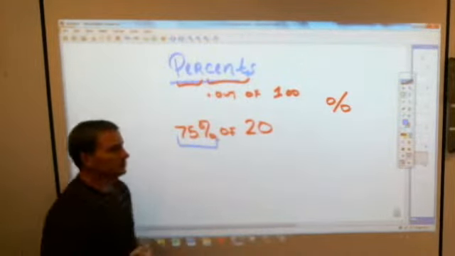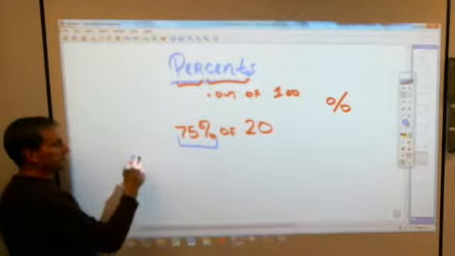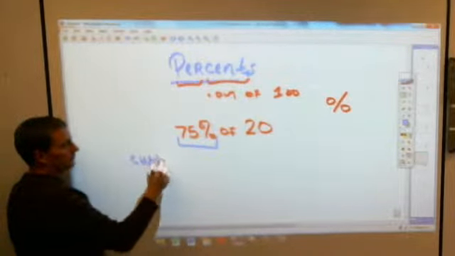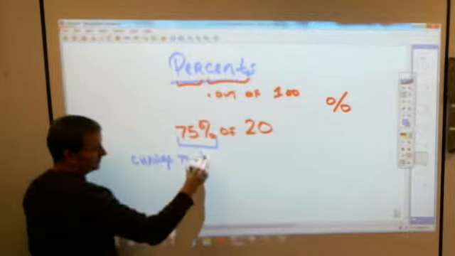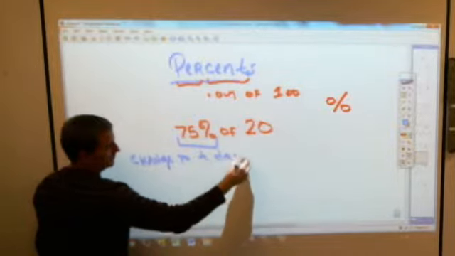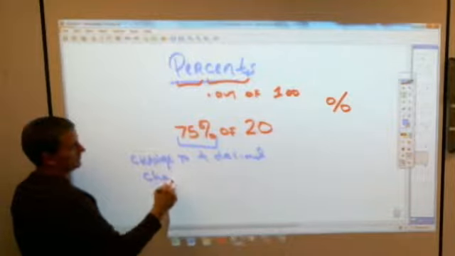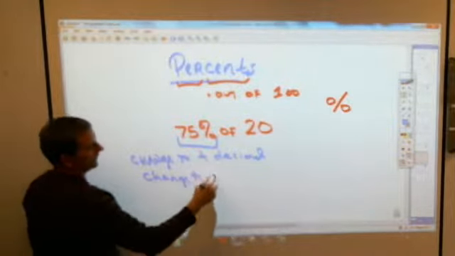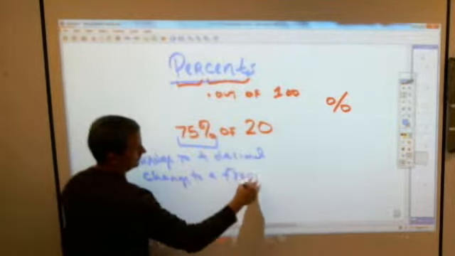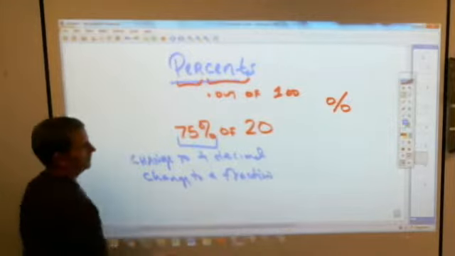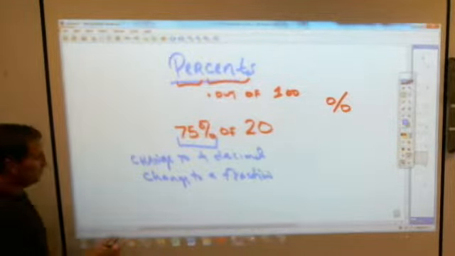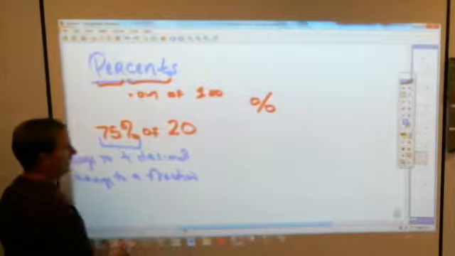So with percents, you either need to change it to a decimal, or you need to change it to a fraction. Okay, and it will be your choice at the end there.